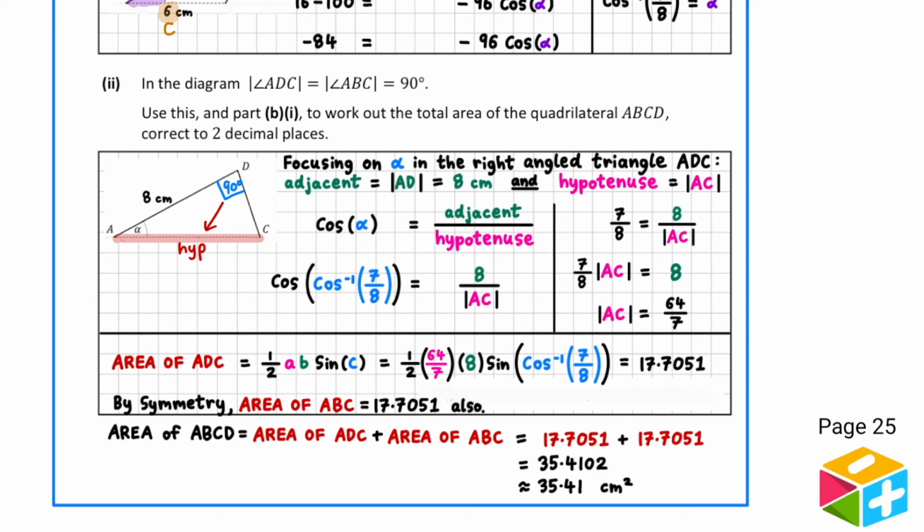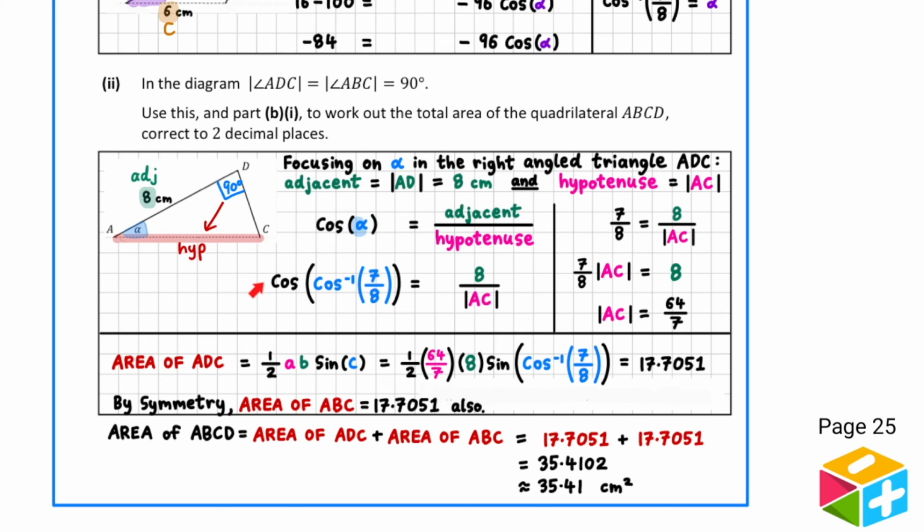Focusing on the known angle, alpha, the side AD, which is 8 centimetres, corresponds to the adjacent. Since we're working with the adjacent and the hypotenuse, we can use the result that cosine of alpha will be equal to the adjacent over the hypotenuse.